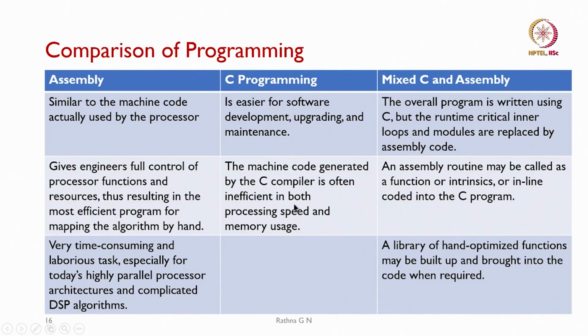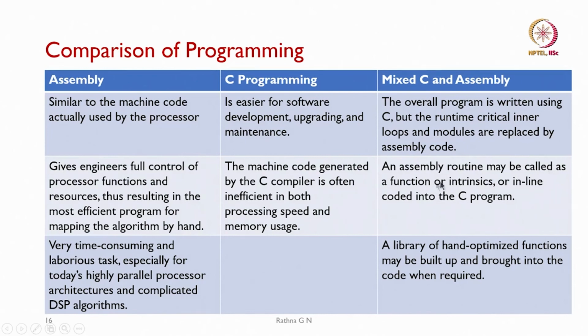We will see this in the lab. I will demonstrate how you can compare just one addition, what is going to happen. Whereas I can use both C and assembly, and we will see where I am going to use them. Overall the program is written using C, but the runtime critical inner loops and modules are replaced by assembly code.